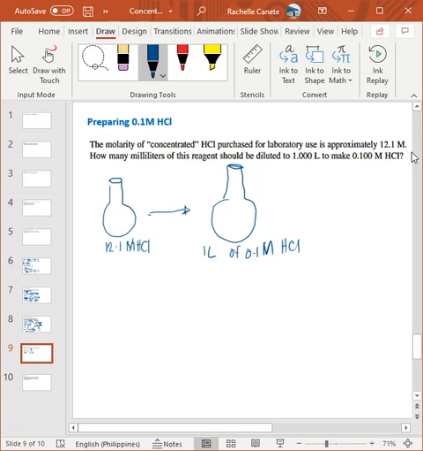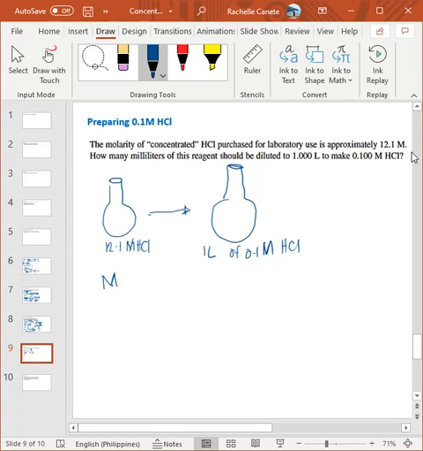Right? Okay, so what you need to do is, of course, dilute it. Right? You add water to it. But the question is, how much of this 12.1 molar will you use? So, the formula for dilution is very simple.